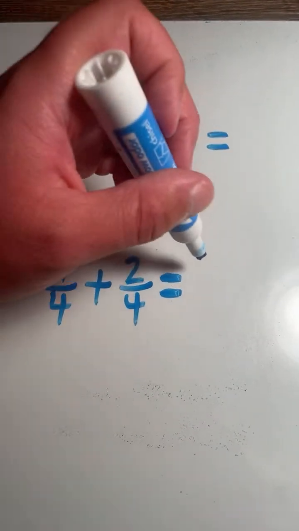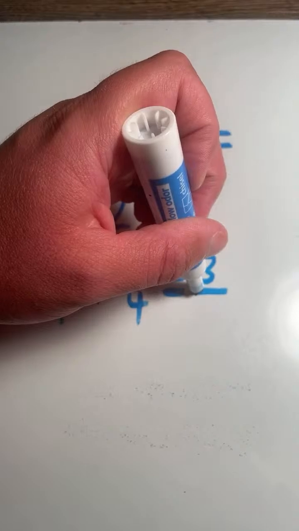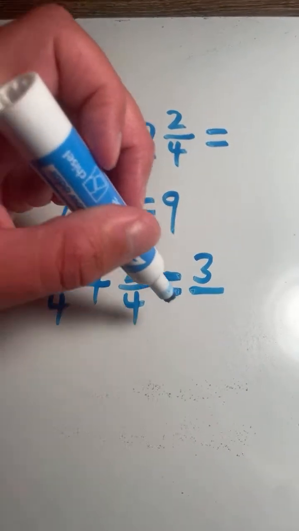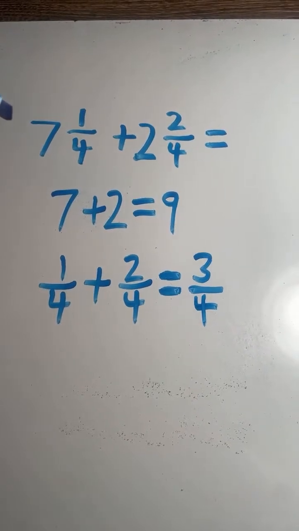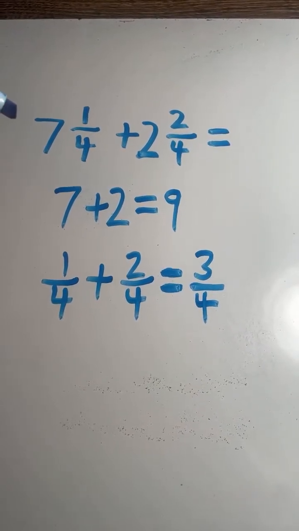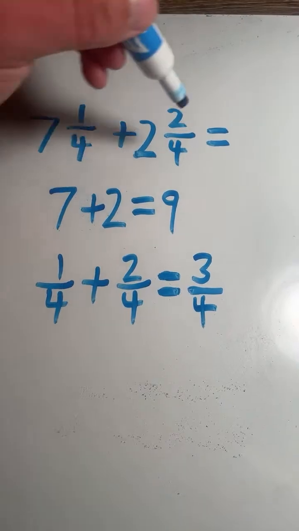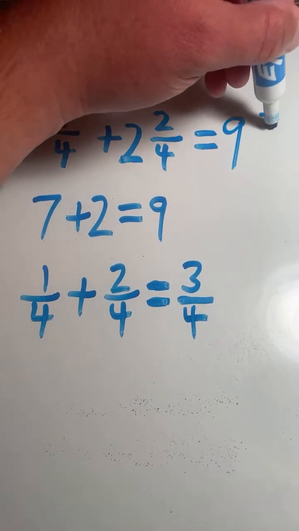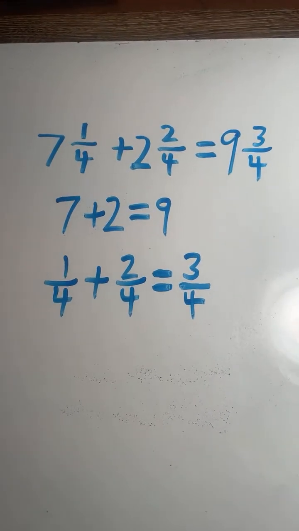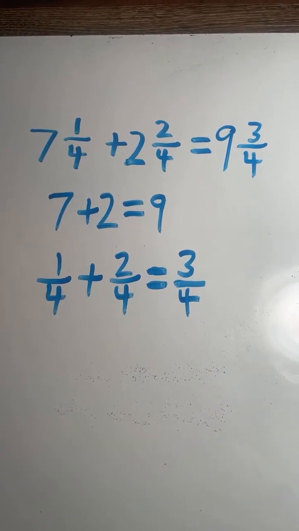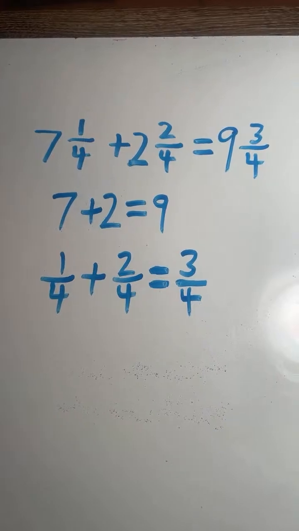So 1 plus 2 equals 3. Our denominator is 4 for both fractions, so that's going to stay the same in our answer. 1/4 plus 2/4 equals 3/4. So our final answer, 7 and 1/4 plus 2 and 2/4 equals 9 and 3/4.